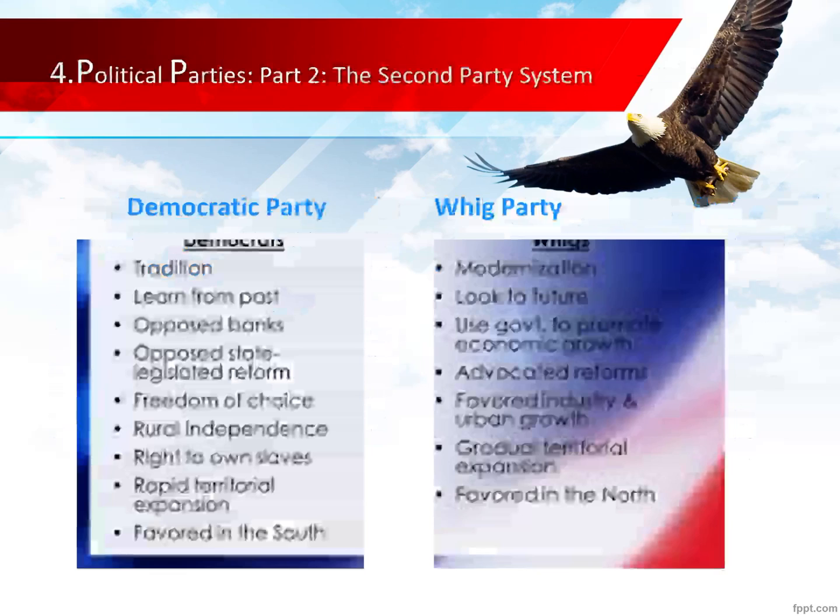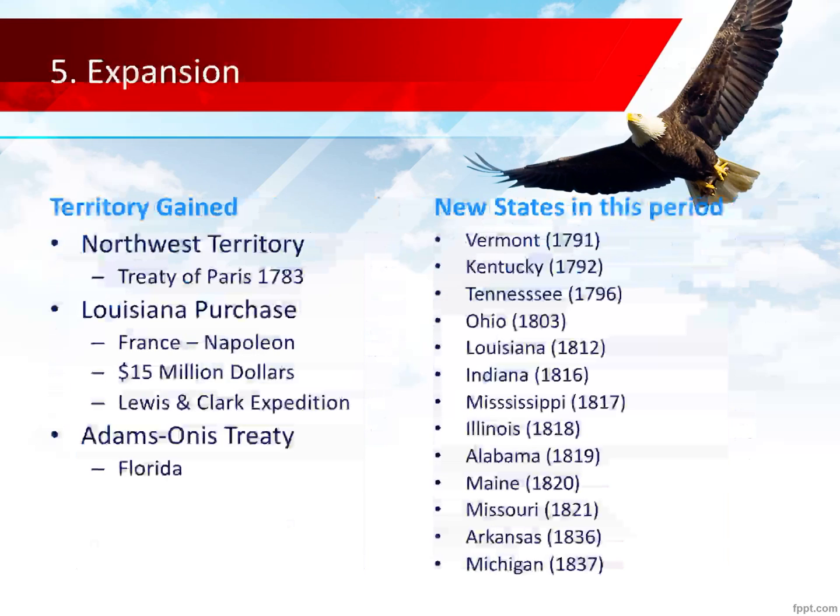And if you look at the Northwest Territory that we're going to talk about later, Ohio, Indiana, Illinois, Michigan, Wisconsin, Minnesota, they are going to be free states, not slave states. Expansion is a major theme of this time period. In 1776, the western border of the United States is the Ohio River.